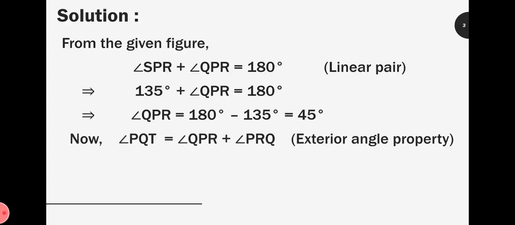Now angle PQT equals angle QPR plus angle PRQ according to the exterior angle property, or also you can write exterior angle theorem. We get angle PQT equals angle QPR plus angle PRQ.